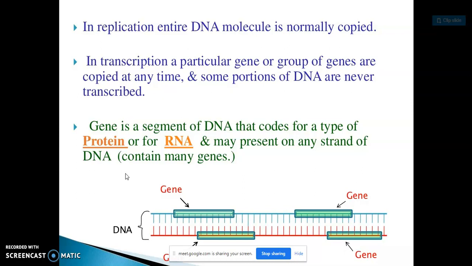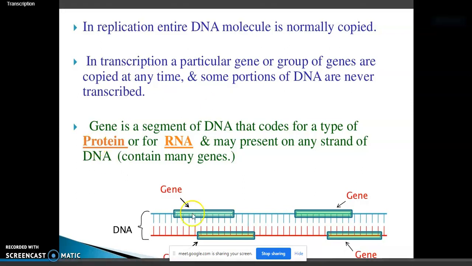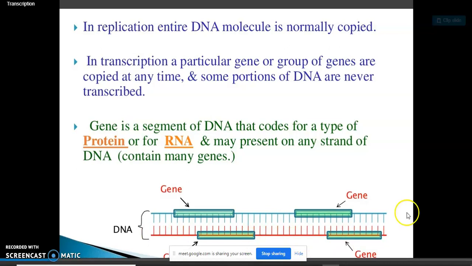Such regions are called genes, a segment of DNA that codes for a type of RNA. That is called a gene. Not the entire genome is going to be transcribed. Please understand, all of you. Not the entire genome is going to be transcribed. But what is going to be transcribed? You have different genes. Look at the genome. This is the entire double-stranded DNA of an organism.